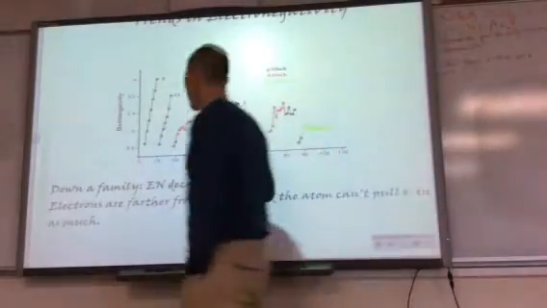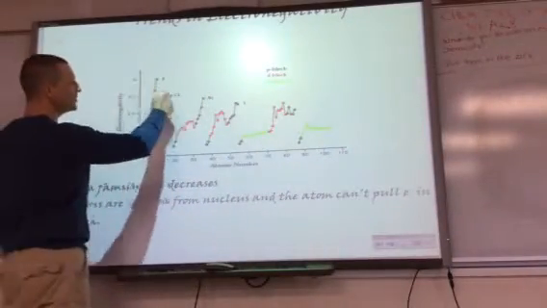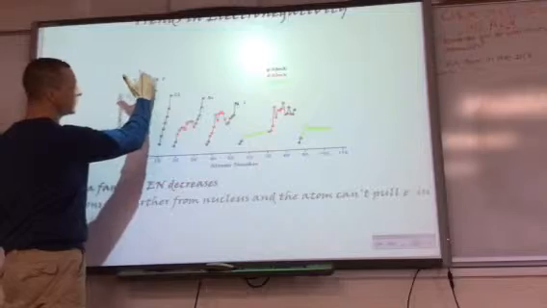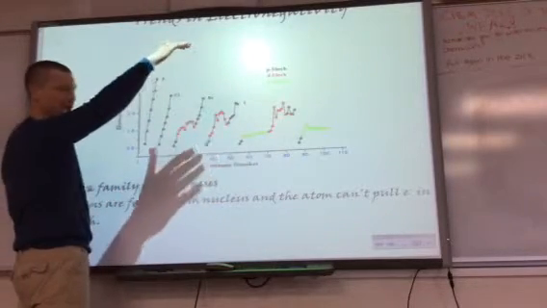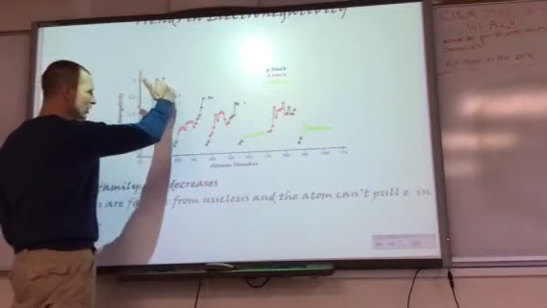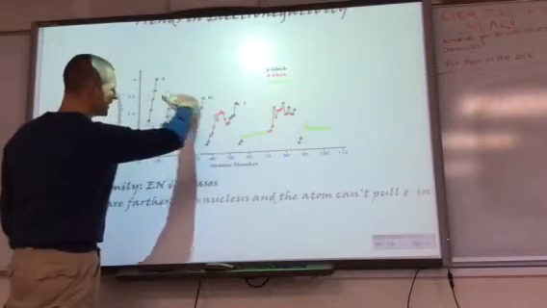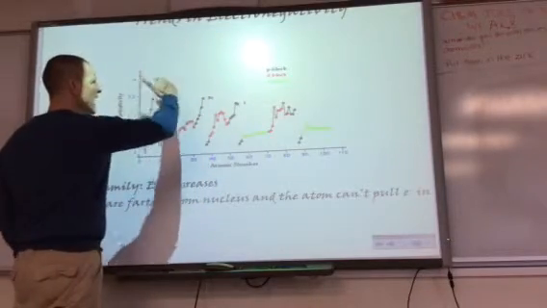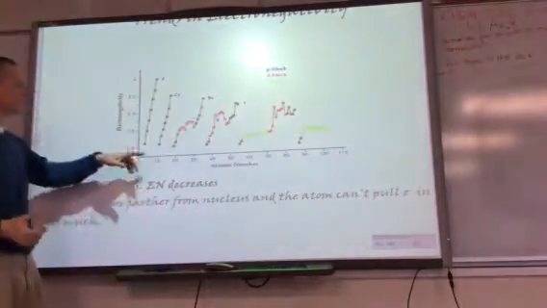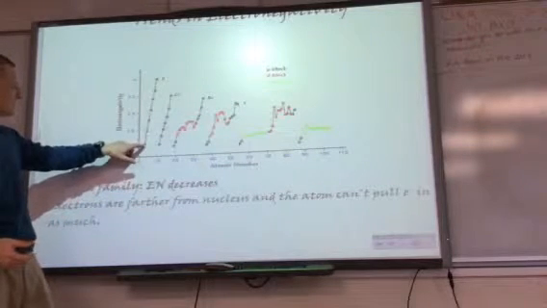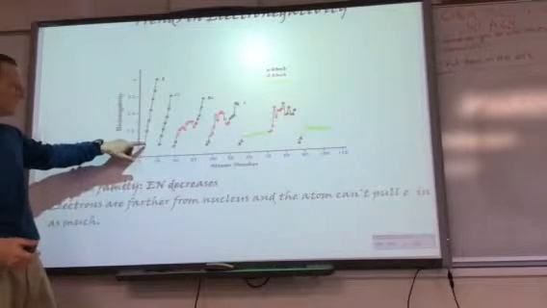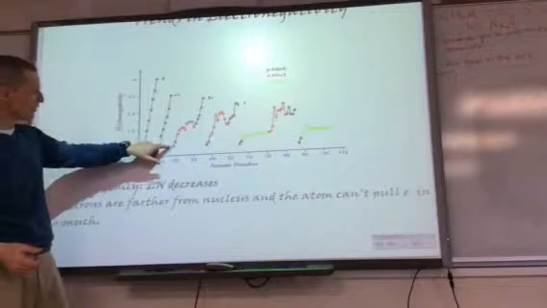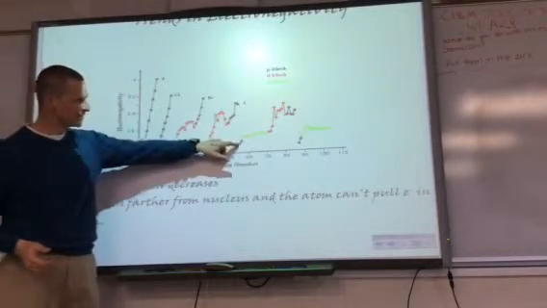We can see this phenomenon when we look. The halogens are labeled on here, and you can see that fluorine is the highest geographically in the periodic table, and then chlorine is below it, bromine, iodine, kind of levels off like that, but it is starting high and going low. And we can see that in the other families too, like the alkali metals. That would be lithium, and then sodium, potassium, rubidium, cesium.